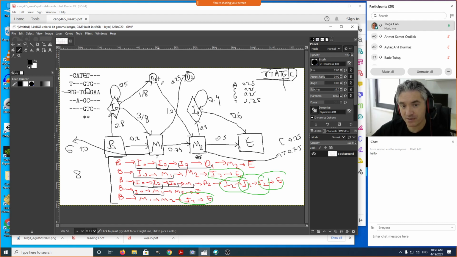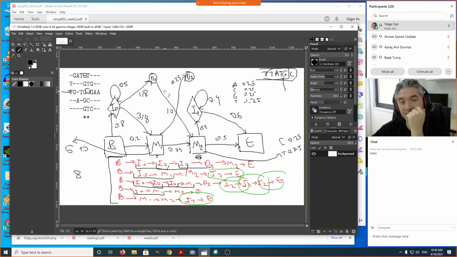Is there any other possible way to come to M2? No. So if these are only two possible choices, in order to determine the best path that ends at M2, all you need to do is, what is the best path that ends at D1, and what is the probability of the best path that ends at M1, and compare these two multiplied with those transition probabilities from M1 to M2.